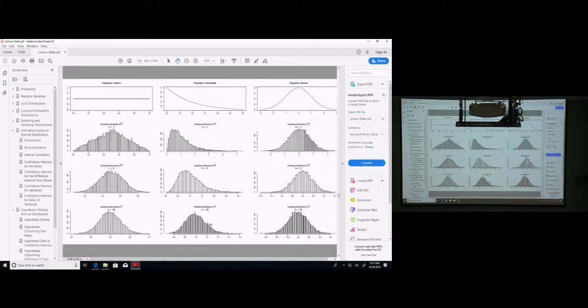But you can see when the underlying population is not symmetrical, it takes a while for the symmetry to be achieved, all right? So at the beginning, it's very skewed, basically dropping like this.